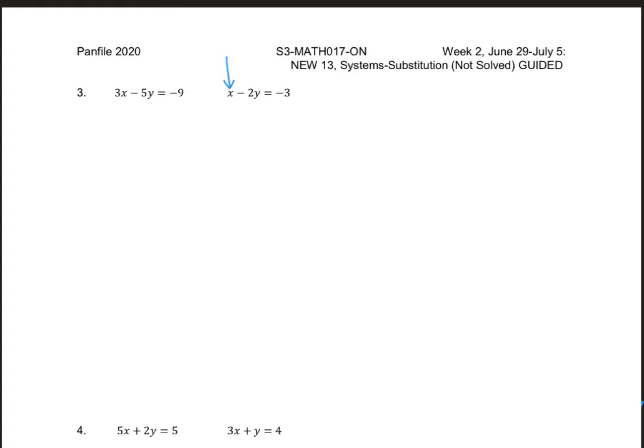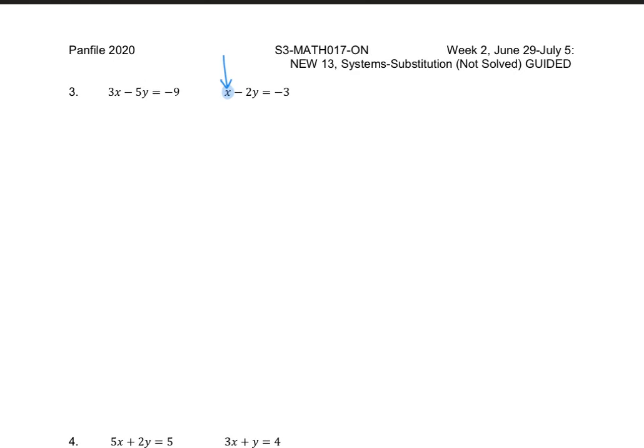Getting that by itself, moving everything away from that x, I am going to add 2y to both sides.